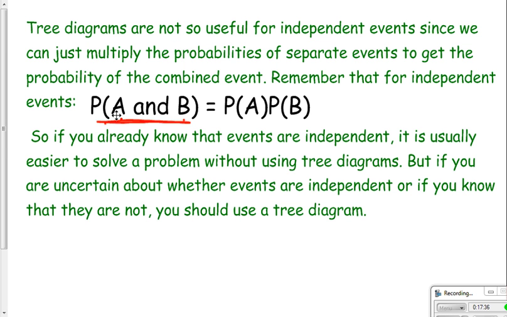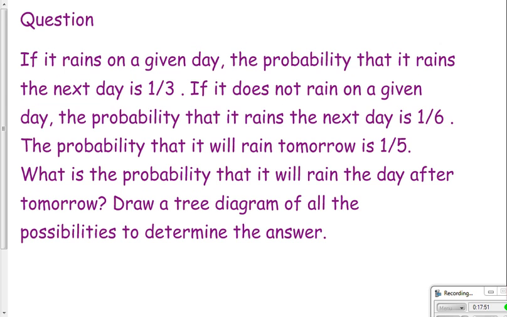But especially in cases where I'm not really sure if my events are independent or not, a tree diagram really, really helps. And I can just multiply the probabilities on each branch out, and I know then the probability of each of the different possible outcomes. Okay? So this is a little question that will work well with a tree diagram.